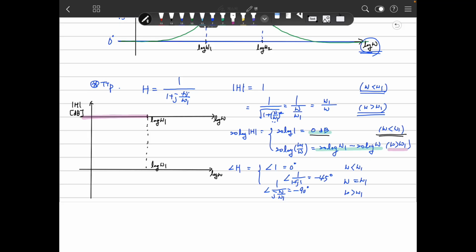Then how about this area? When you insert omega 1 here, there is 0 dB. But in this area, based on log omega, the slope is minus 20. So the figure of that here goes down in this manner.